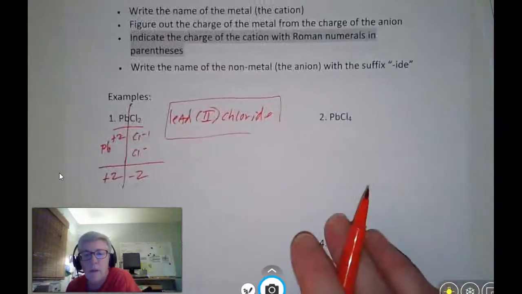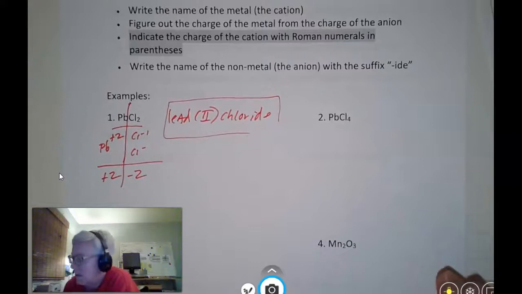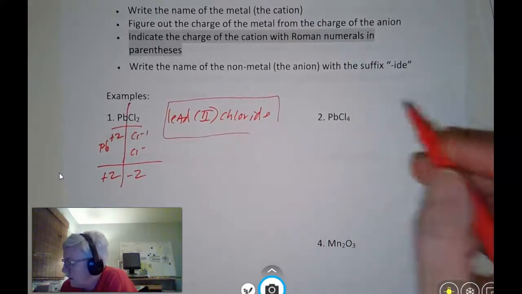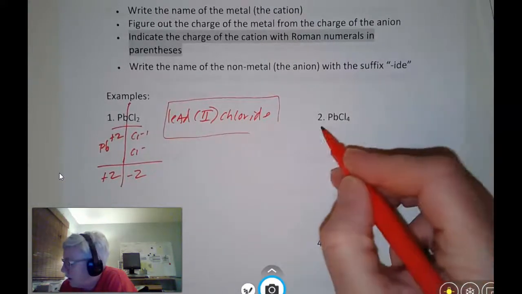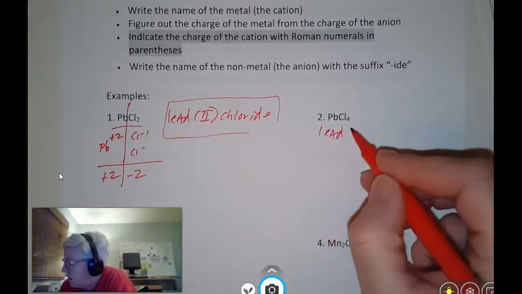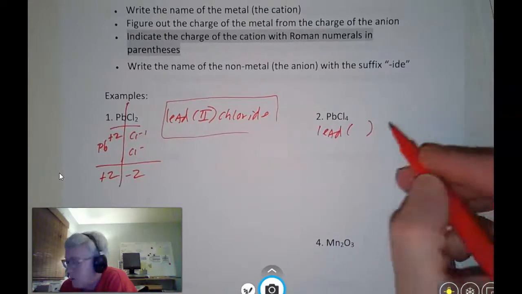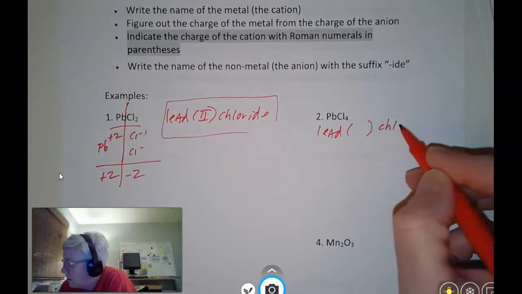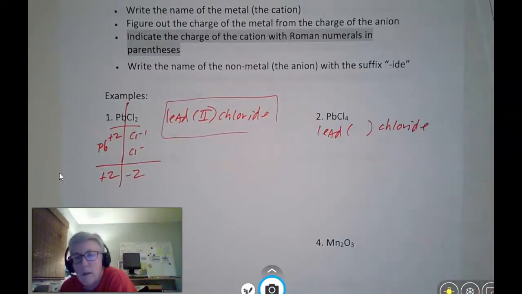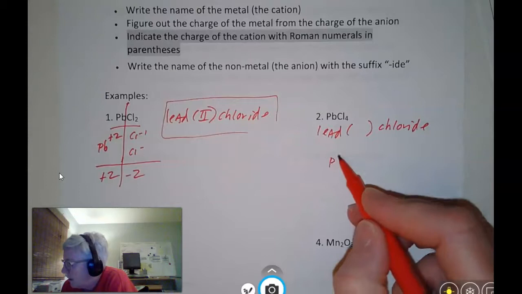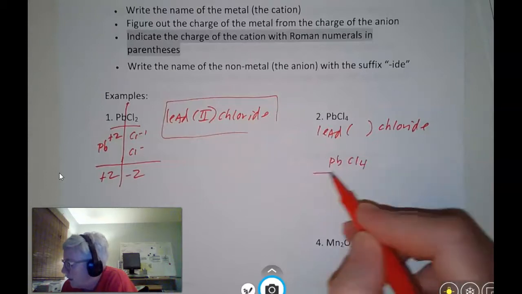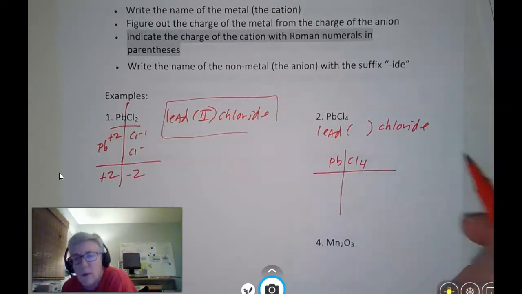All right, let's look at this one. PbCl4. Well, it's still lead, so I will go lead. And I know I need a Roman numeral because lead's a transition metal. And Cl is chloride, so lead something chloride. All right, so I'm going to make my table again because that helps me keep this all straight.